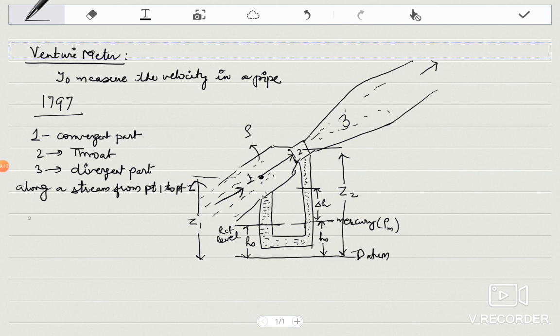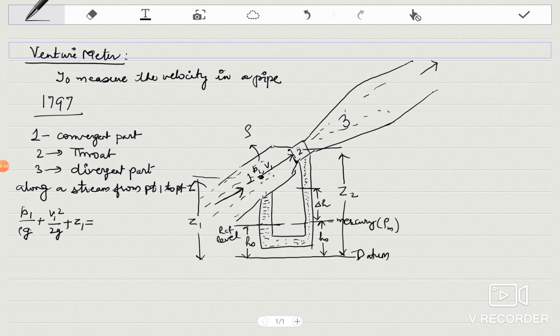For point 1, P1 by rho g, pressure energy, plus V1 square by 2g, kinetic energy, plus its height Z1, its depth from the datum, giving you the potential energy, is equal to, it simply means that at point 1 I am assuming that P1 is the pressure and V1 is the velocity.